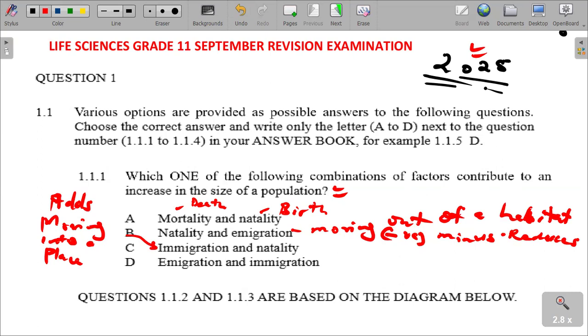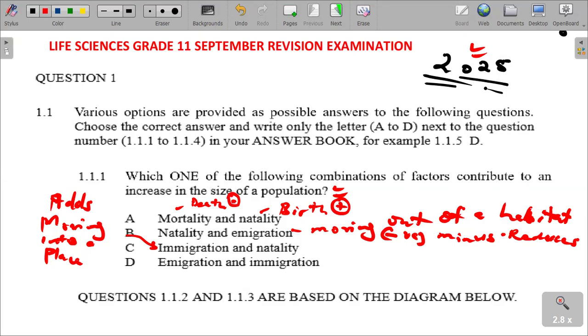And obviously, when we look at these factors, which combination contributes to population increase? We said death reduces, it subtracts, and natality aids. So it should be immigration and natality that result in population increase.